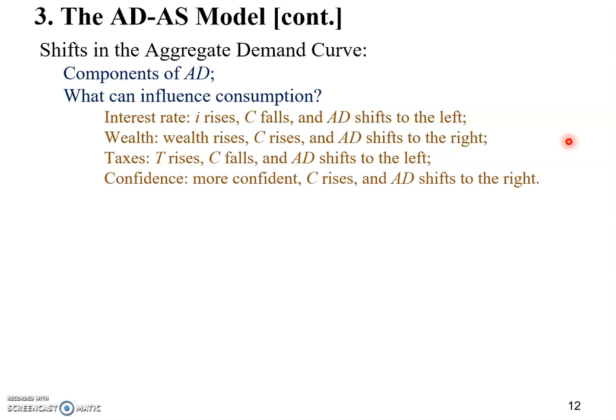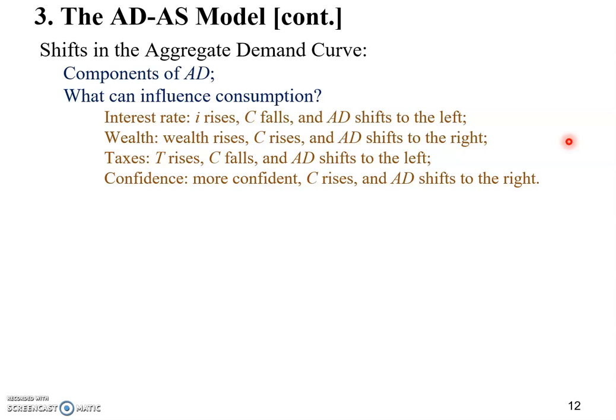Another factor we would also consider is the confidence, because in the previous chapters we already mentioned what's called the rational expectation, right? So we said that people's expectation is a very important factor.